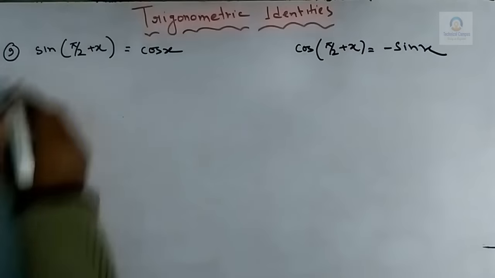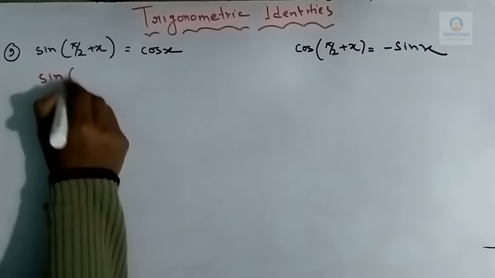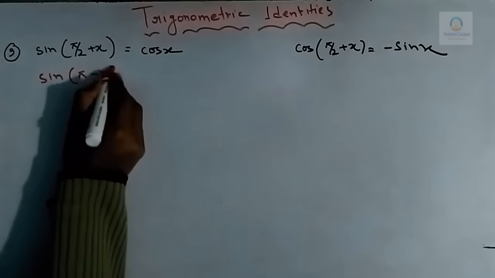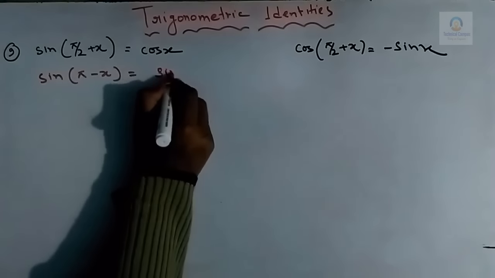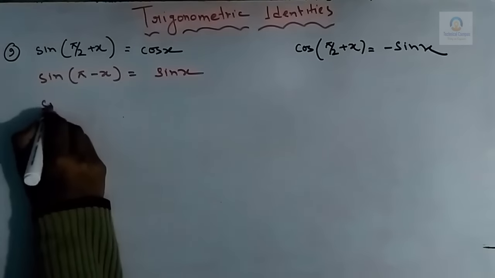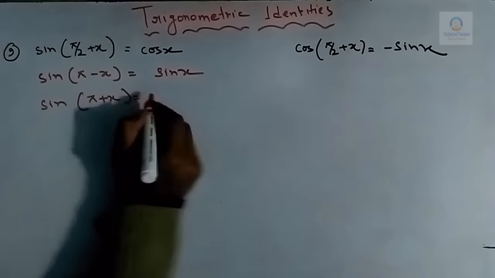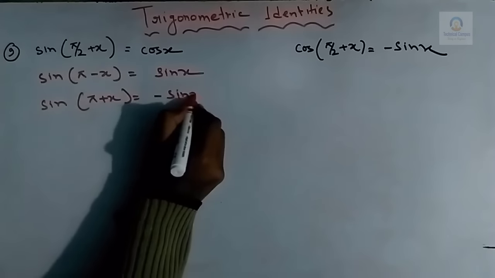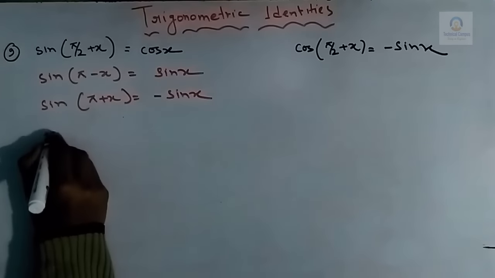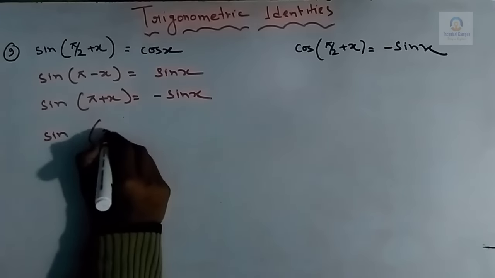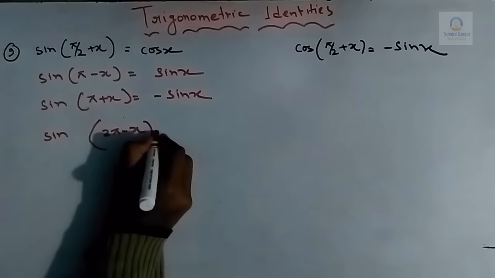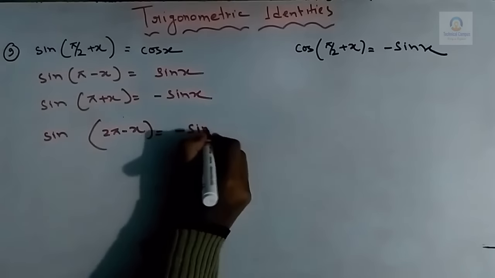Okay, and sin of 180 degree minus x is equal to sin x. Sin of 180 degree plus x is equal to minus sin x. Sin of 2 pi minus x is equal to minus sin x.